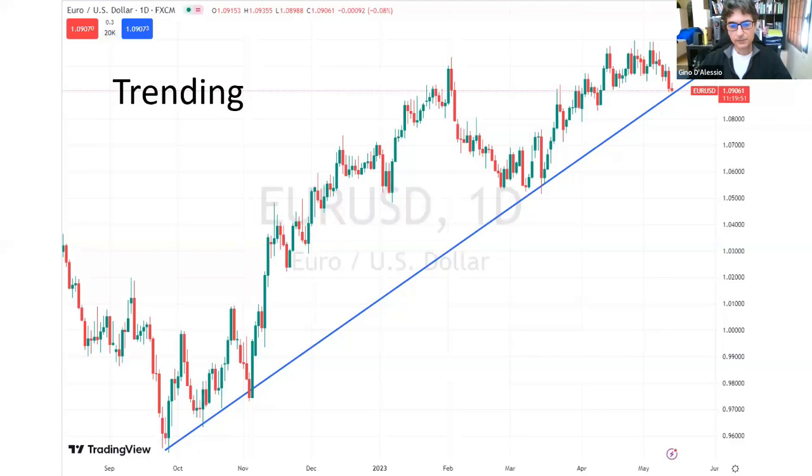Other traders, often known as swing traders, are willing to keep their trades open for several days to catch a big trend, like this one, and therefore you're trading less and keeping your trade open for longer.